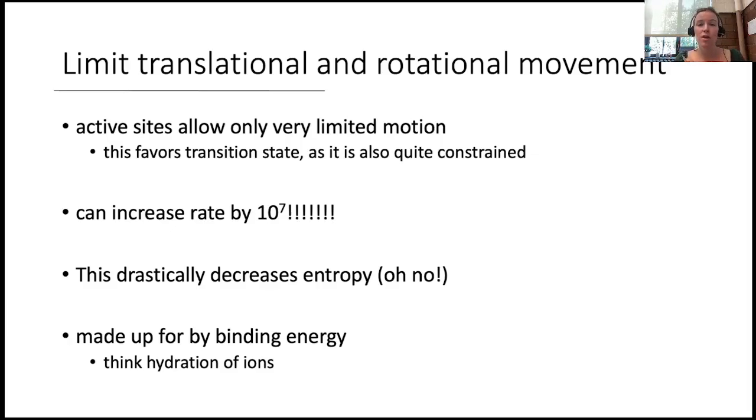So the binding site in particular is holding on to the substrates and not allowing them to move or roll in any way. This can increase the rate by 10 to the 7, which is a huge deal.